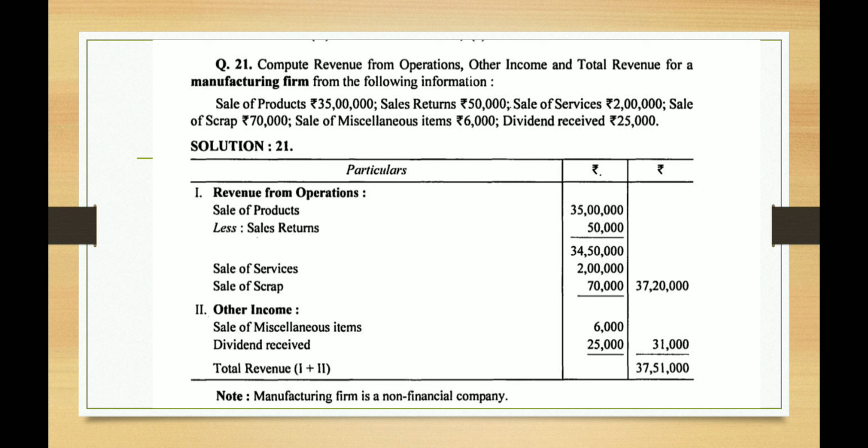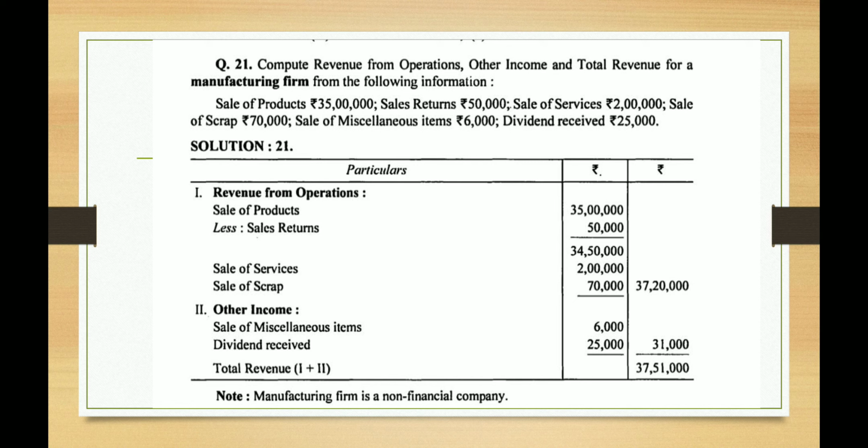Sales of product is 35 lakhs, sales return is 50,000. You have already discussed the formula that when you ascertain net sales, you have to deduct the sales return. Sales of services 2 lakh, sales of scrap 70,000, sales of miscellaneous items 6,000, dividend received 25,000.